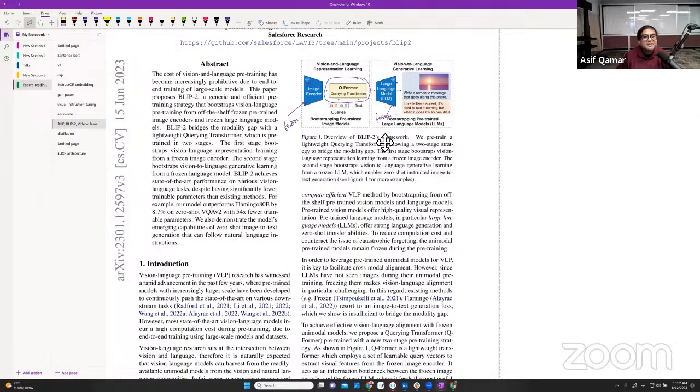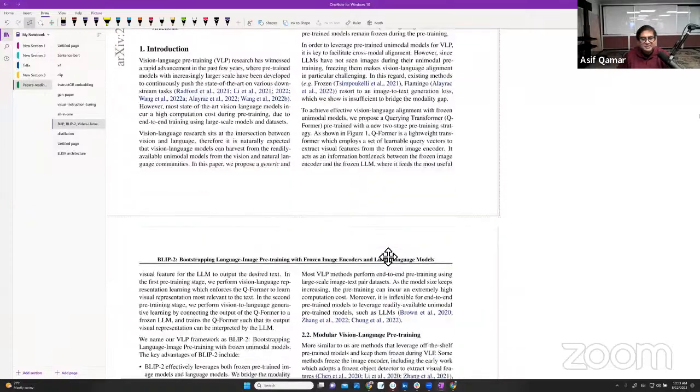And when you train the Q-former, the insight is that you are training a much smaller beast, right? Compared to the billions of parameters of models like the language models. For example, this paper refers to, I believe, Llama. Using those Llamas with 70 billion parameters or whatever it is, you'll be training a Q-former, which is just a couple of tens of millions of parameters.